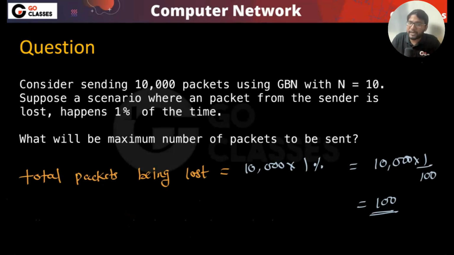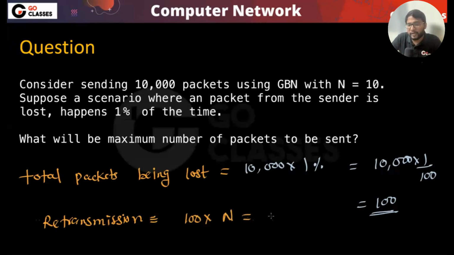So if 100 packets are being lost, then the retransmission will be 100 into n, which is the window size 10. Sorry, 1,000. So for the 1,000 packets, there will be retransmission.